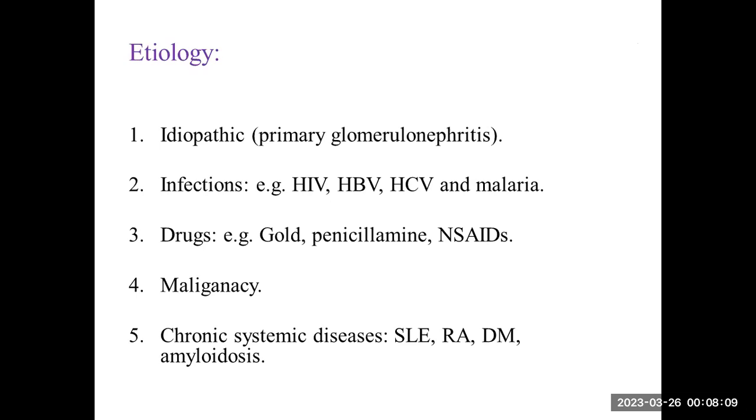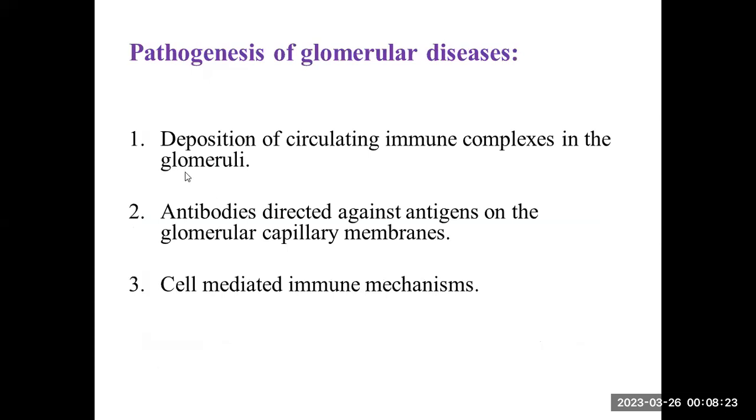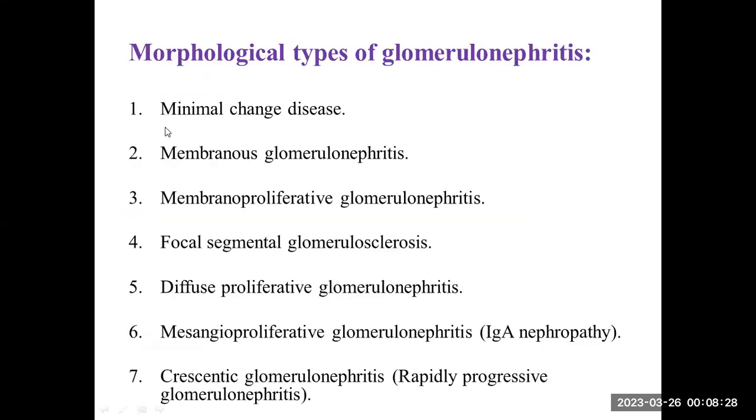You can also sometimes consider steroid-sparing drugs, and so on. So this is the general management of glomerular disease. In the next lecture, we will talk in more detail about the management of nephrotic syndrome and the management of nephritic syndrome, and about each one of these types.